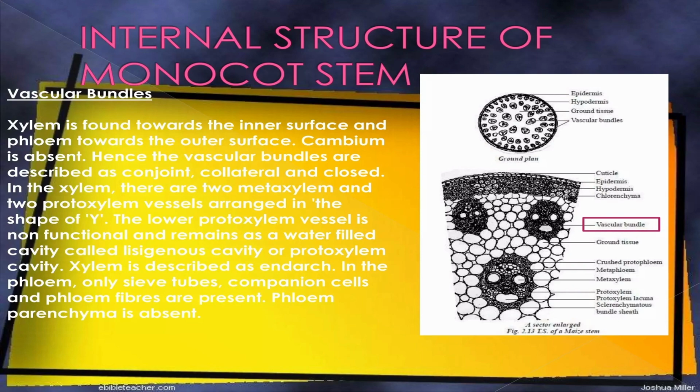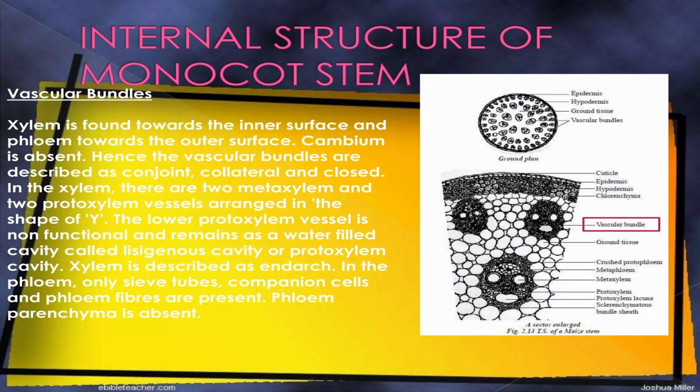There are xylem and phloem in each bundle, and cambium is absent. The xylem is arranged in a Y-shaped manner. The two arms of the Y are occupied by the metaxylem vessels, and the tail is occupied by the smaller vessels forming the protoxylem.